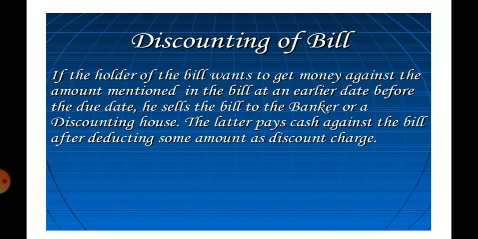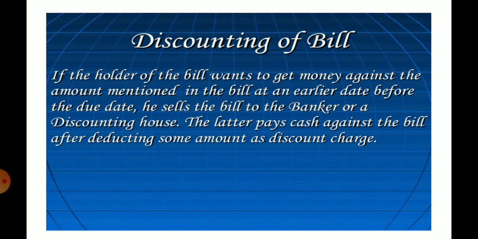Now, what is discounting of bill? If the holder of the bill wants to get money against the amount mentioned in the bill at an early date before the due date, he sells the bill to the banker or the discounting houses. The latter pays cash against the bill after deducting some amount as a discounting charge. Okay?